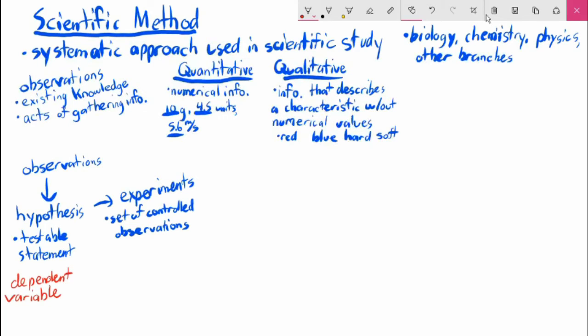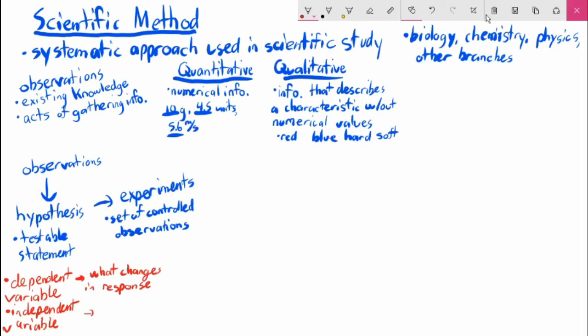And so the experimenter will also change one factor. This factor is called the independent variable. The dependent variable is what changes in response.